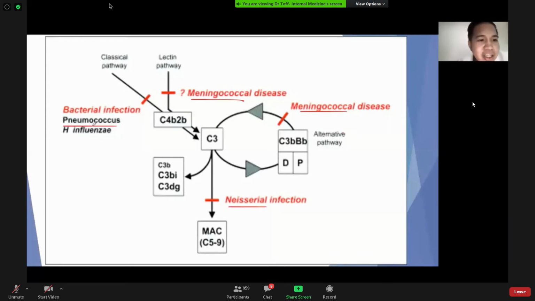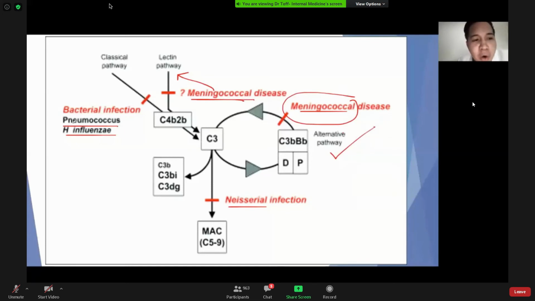Your Neisseria gonorrhea and your Strep pneumoniae and Haemophilus influenzae, how do they evade phagocytosis and how come they alter the complement pathway? Okay? So remember that your meningococcal, your Neisseria meningitidis, is proven or found out already to alter the alternative pathway. Although questionable yung kanyang role in alteration of the lectin pathway. Questionable pa siya. Okay? Pero sure lang po na yung alternative pathway ang tinatamaan niya.